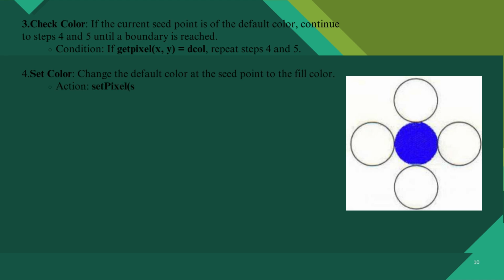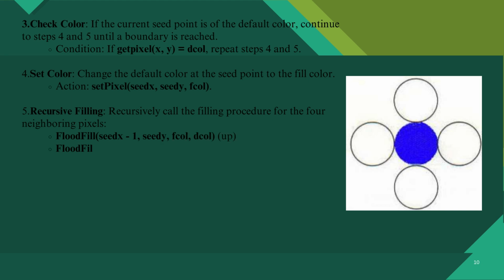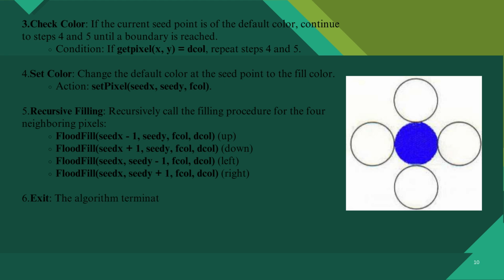Change the default color at the seed point to the fill color. And the last step is the recursive filling, that is to recursively call the filling procedure for the 4 neighboring pixels, that is up, down, left and right. The algorithm terminates when all reachable pixels of the default color are filled.